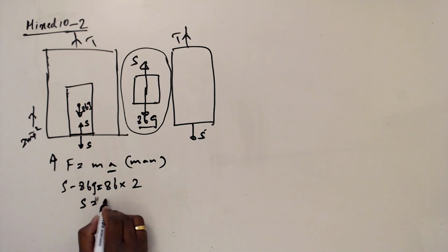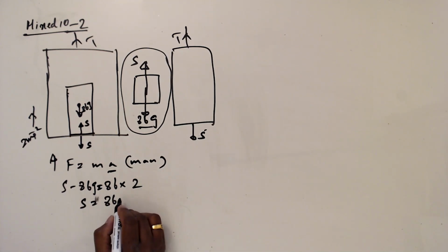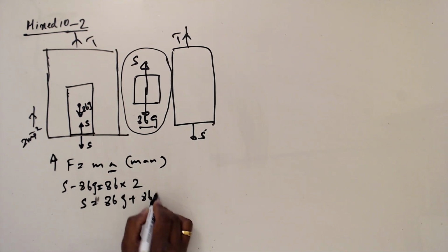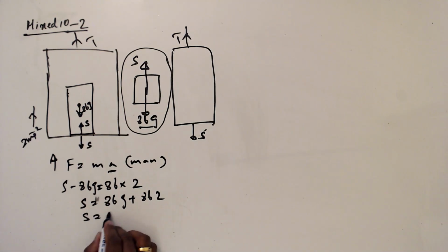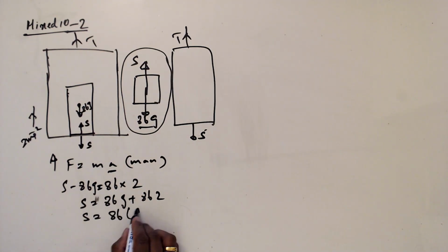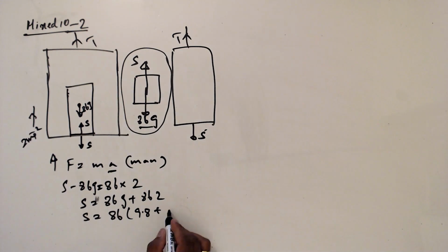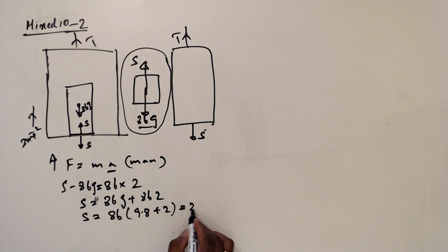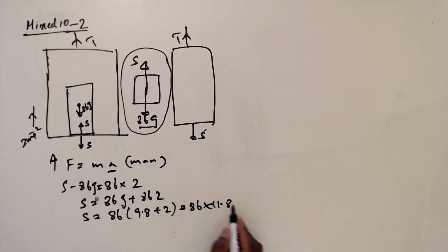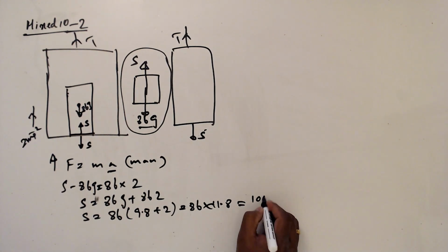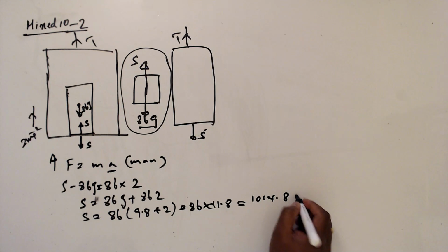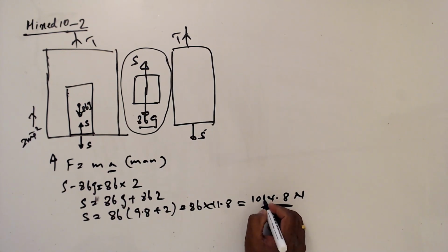So S equal 86 g plus 86 times 2. S equal 86 times, when you take g as 9.8 plus 2, that is 86 times 11.8. So that is 1014.8 Newton.